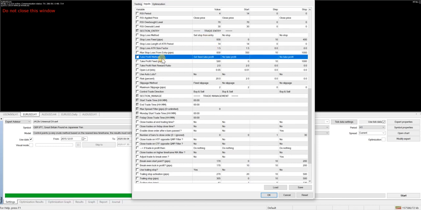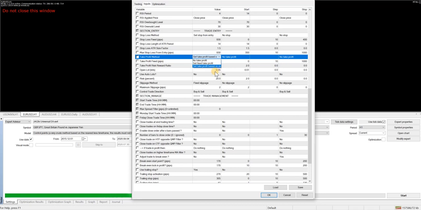You get different ways of taking profit. You get set take no profit, set fixed take profit, which is standard, or set take profit based on, I think that's ATR again. Yeah, it is ATR, must be. Oh no, what do you call it? Risk to reward.